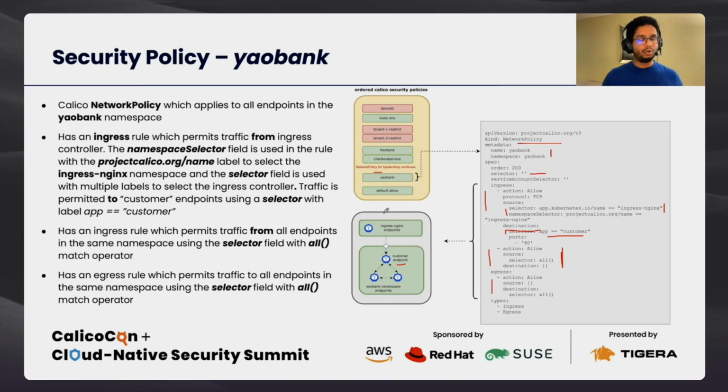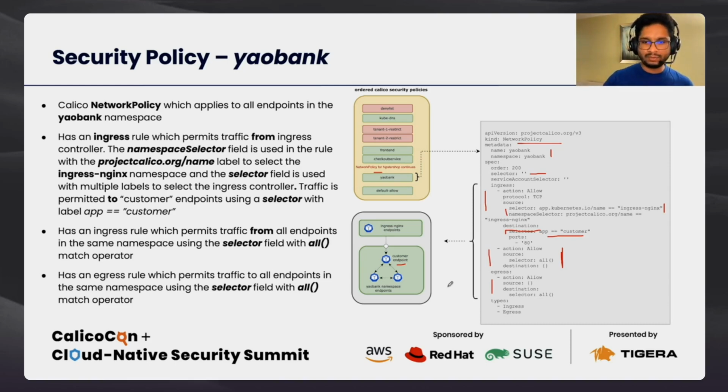Now, this is a bit of a coarse-grained policy. At times, you may want to implement such policies, if you trust all the workloads inside the namespace, or if it's a namespace that is not too critical but has several workloads. You can create a guardrail around the namespace rather than for every group of endpoints inside it.